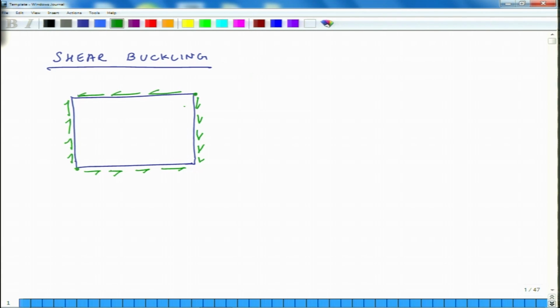So, what are my boundary conditions? For specifying boundary conditions, first I need to know the coordinate system. My coordinate system is: this is my x axis and this is the y axis.